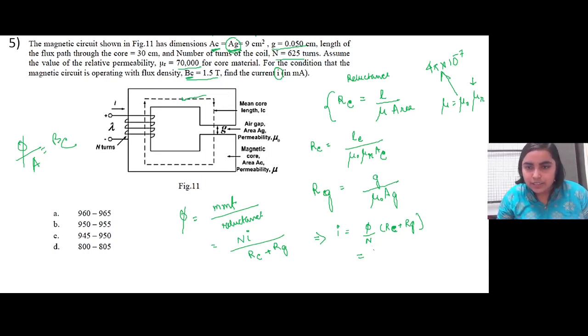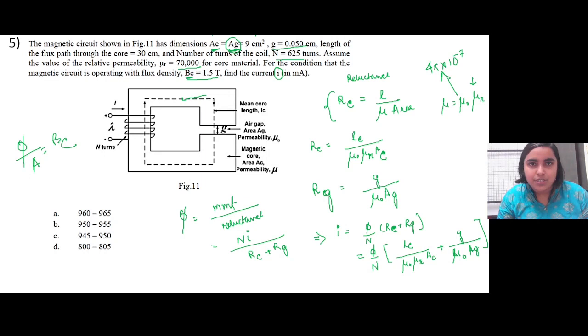So let us reduce the expressions. Rc and Rg, we can put as Lc by mu naught mu r into Ac plus gap length by mu naught Ag. Now both Ac and Ag are equal, right?